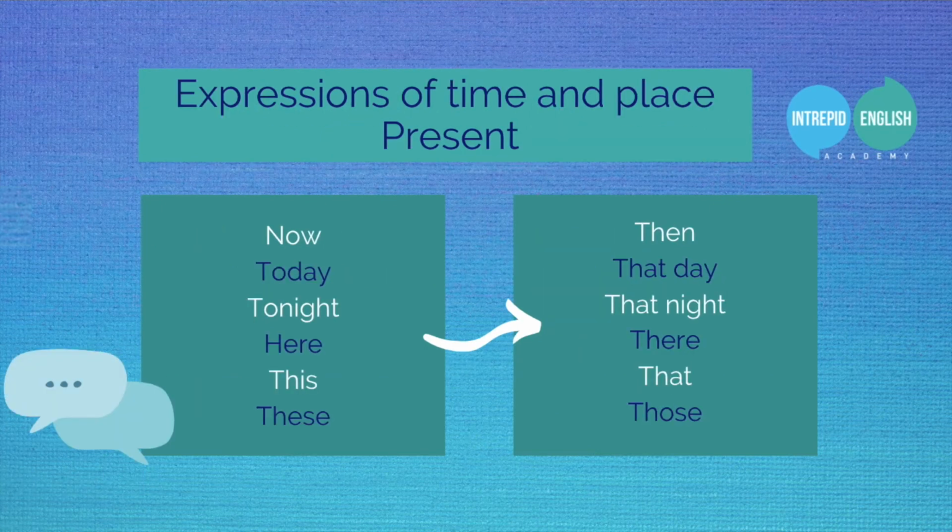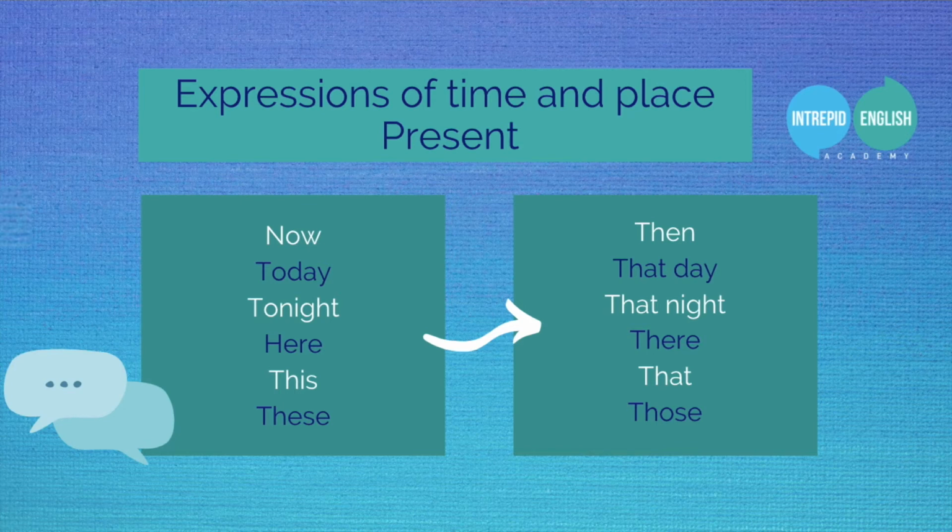So now let's move on to expressions of time and place. If your direct speech includes the phrases now, today, tonight, here, this and these, in reported speech you could use then, that day, that night, there, that and those, respectively.